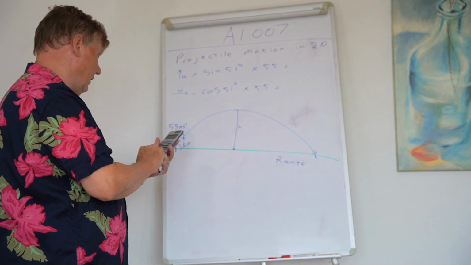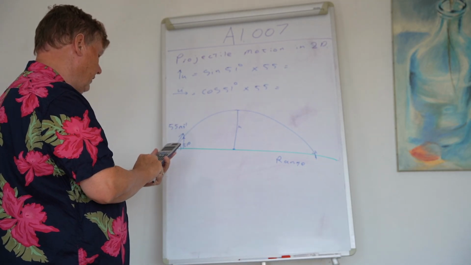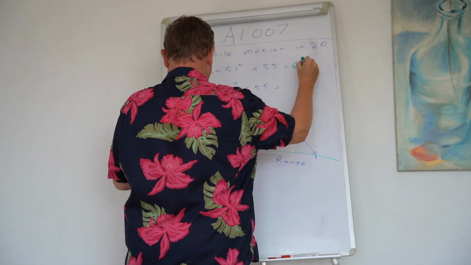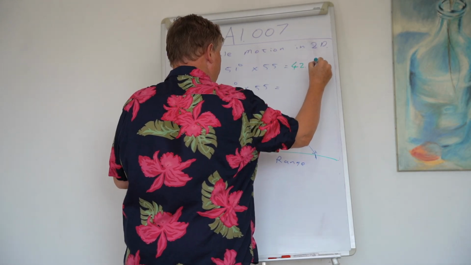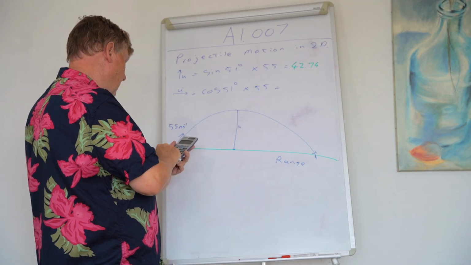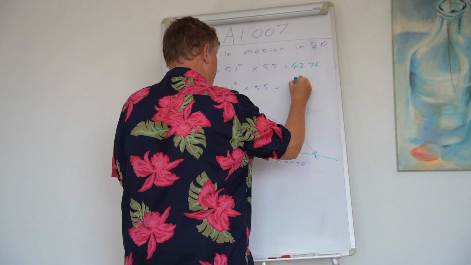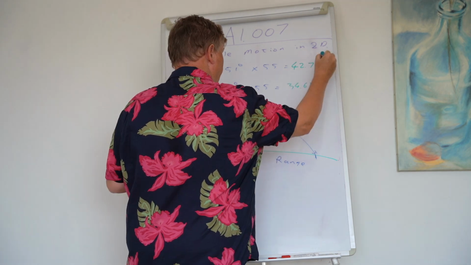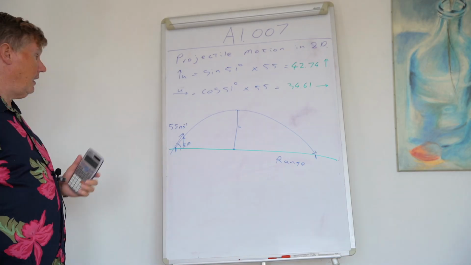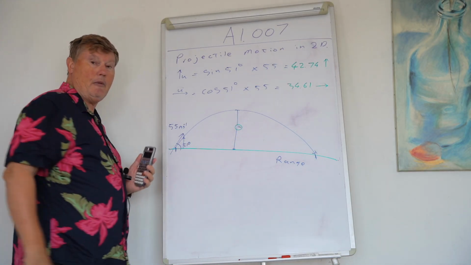Let's go. Sine 51 multiplied by 55. 42.74. I suggest that you keep it to two decimal places while you're working things through. Cos 51 times 55, 34.61. That's up and that's sideways. That gets you 2 marks usually. Next thing we're going to do, I want to work out the maximum height.